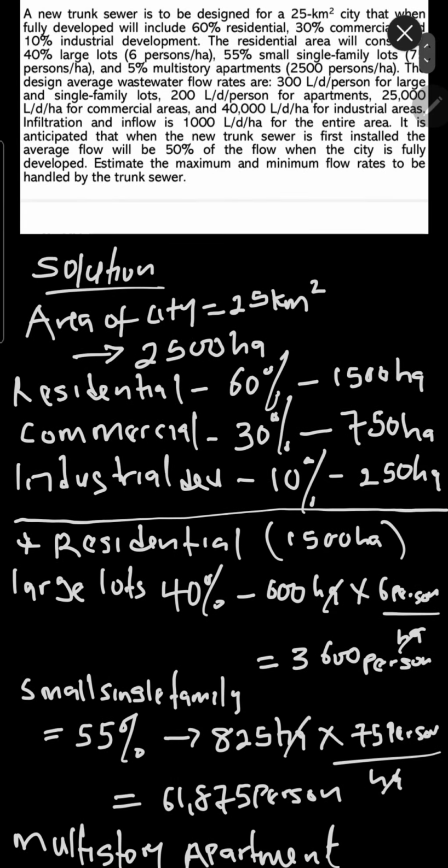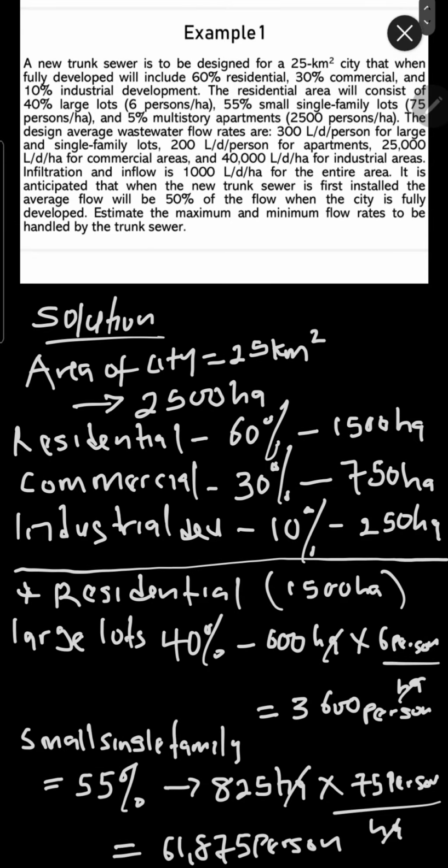What is the design flow rate for residential? It was stated that 300 liters per day per person for large lot and single family lot.